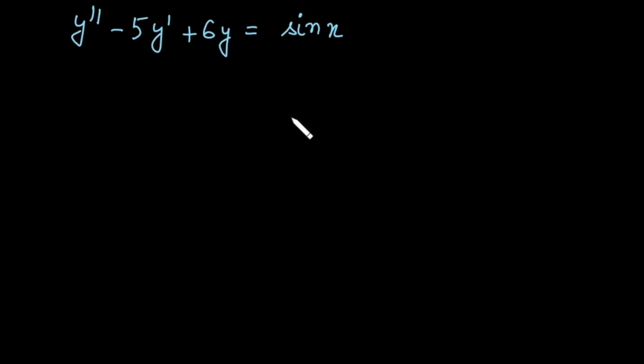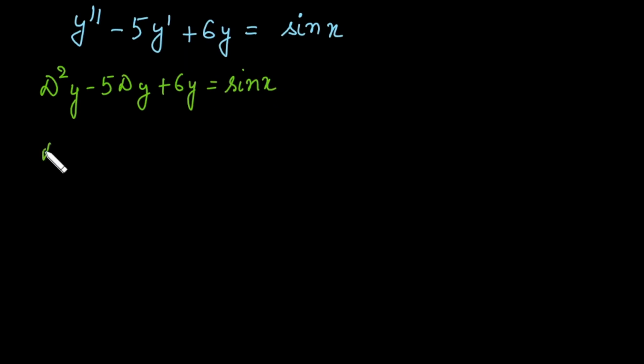Let's try to answer the next question. In this case, the operator form is d square y minus 5dy plus 6y is equal to sine x. So collect the coefficient of y. So we have d square minus 5d plus 6 into y is equal to sine of x. Let's first find its complementary solution.